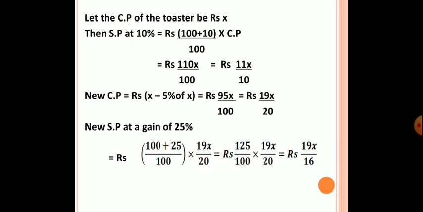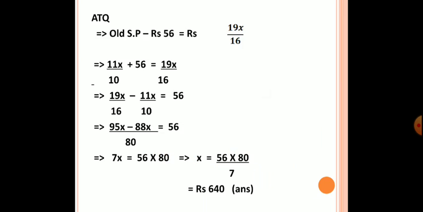As in the question, it was said that if he had sold it for rupees 56 more, he would have gained 25%. For that purpose, we have found the selling price. So according to the question, the old selling price minus 56 is my new selling price.